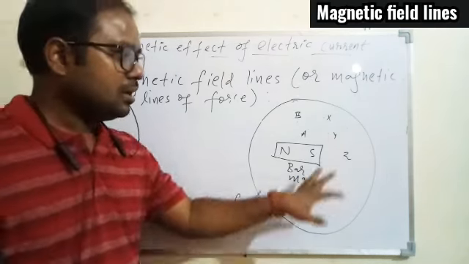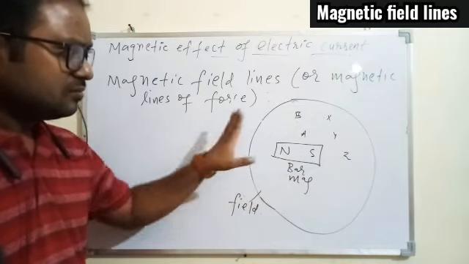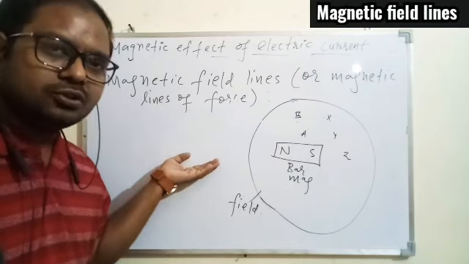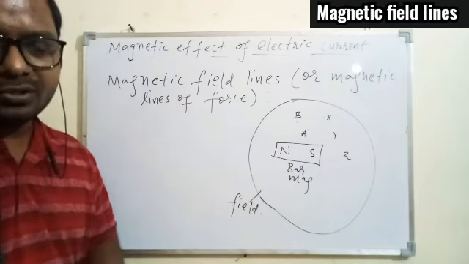So magnetic field lines are nothing but a way of showing the direction of force and the magnitude of force at any point that we are going to discuss now.